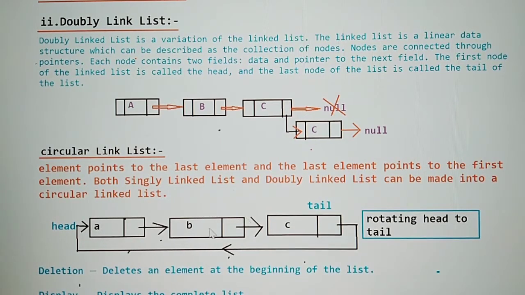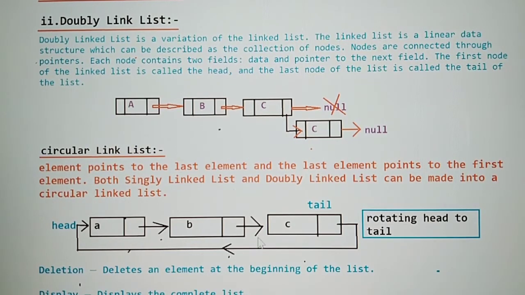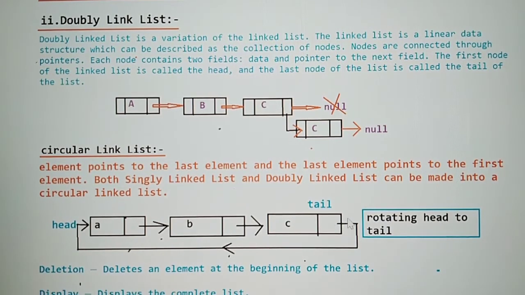So why is it called circular? You can see the arrows, which means that A contains the location of the next data, and B contains the location of the next data, and C, which is the C element, contains the location of the first element. It means that C contains the location of A, because it doesn't have any null.